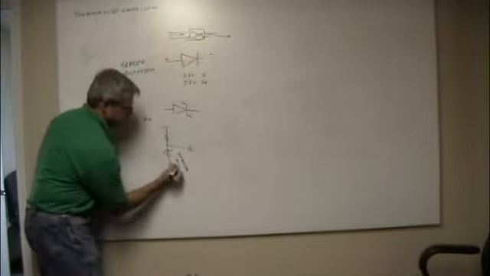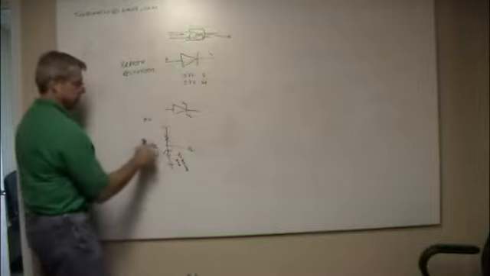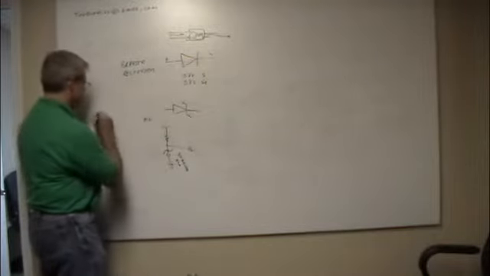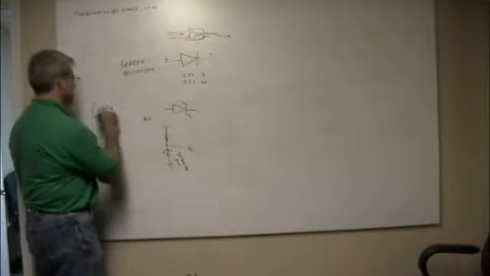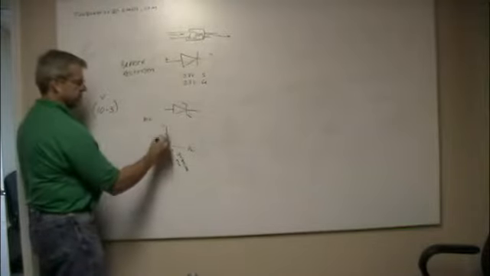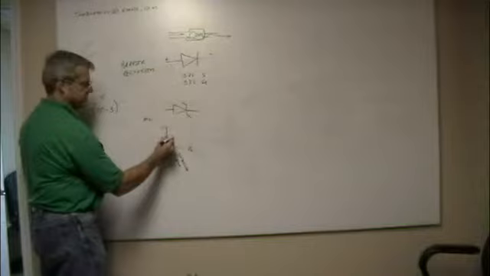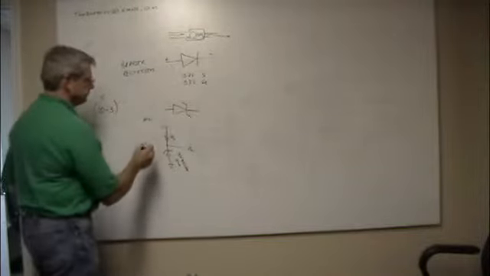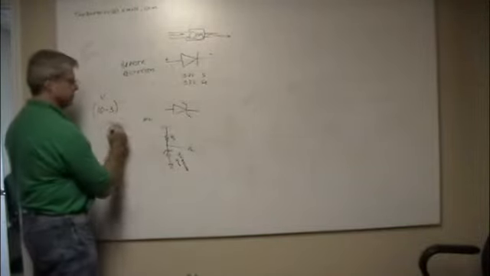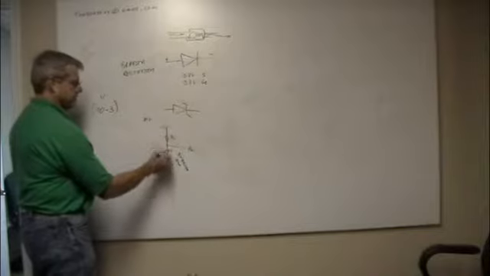So 5 milliamps, and now you do your math, right? So I know that this is going to be 3 volts out, 10 minus 3 V, that's the V drop here, so that tells me I'm losing 7 volts right there, right?